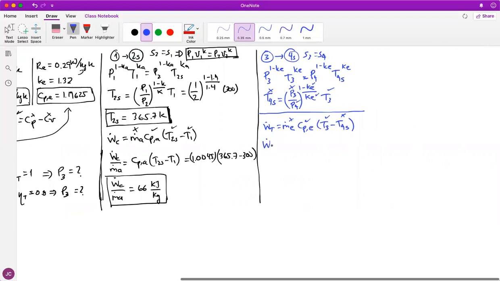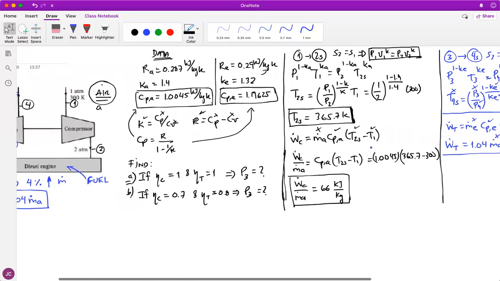I can put the power of the turbine is going to be 1.04 of the mass flow of the air, okay, that's correct, CPE is still the heat capacity of the exhaust gases, times T3 minus T4S. So after this, you have an expression for this. You don't have this guy, but you have this, and you have this, but you don't have this guy over here.